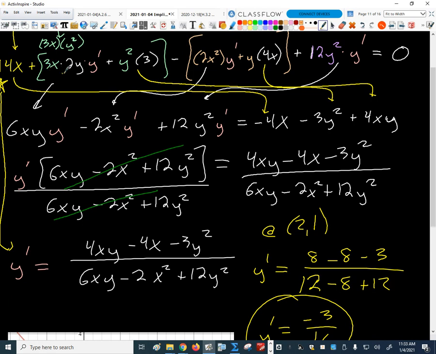So I'm going to end up here with a 6xy is one term in the bottom, minus a 2x squared is in the bottom, plus a 12y squared. That's going to end up in the bottom because that's a y prime term. See what I'm saying? So you really could jump right to the answer there without even having to show all that work.